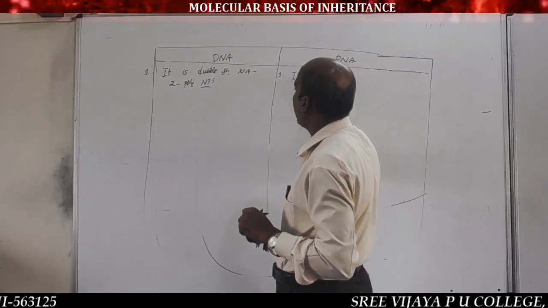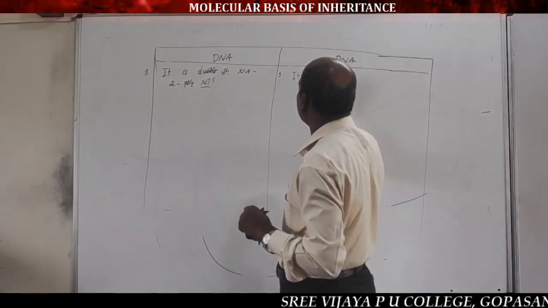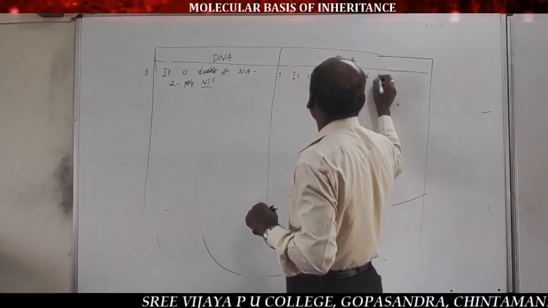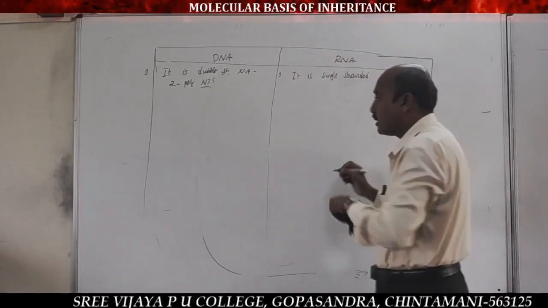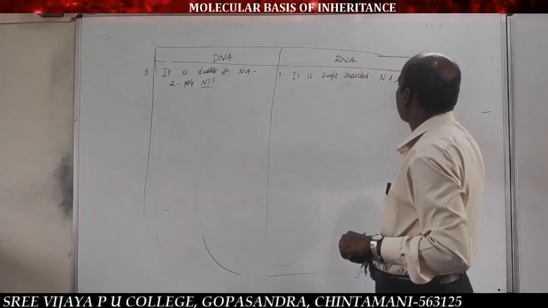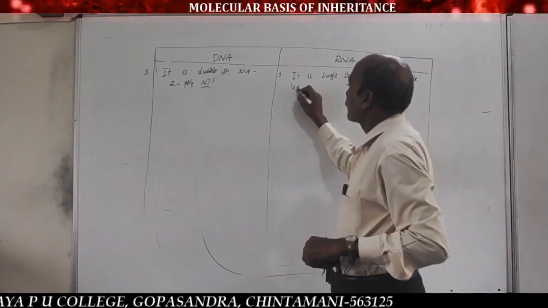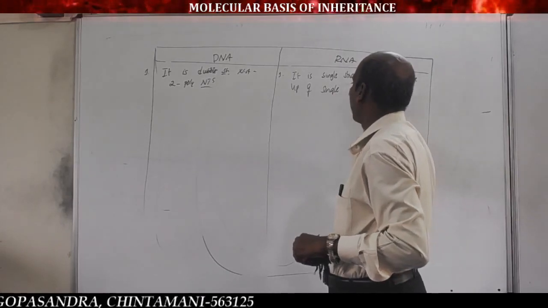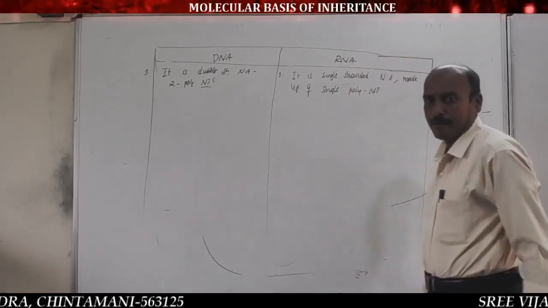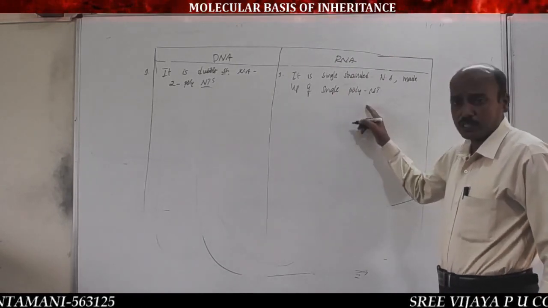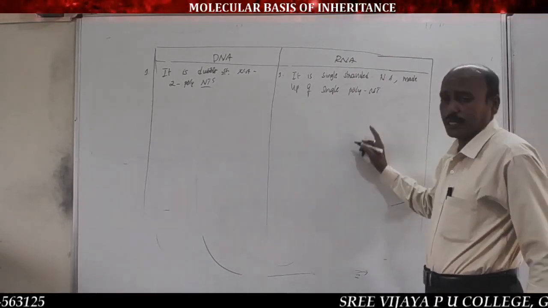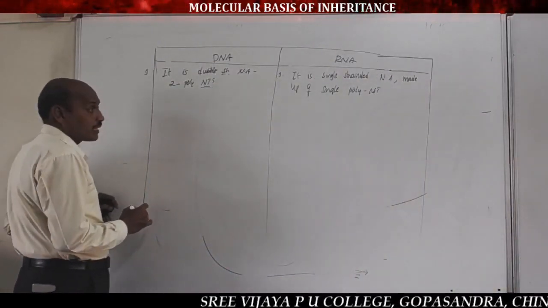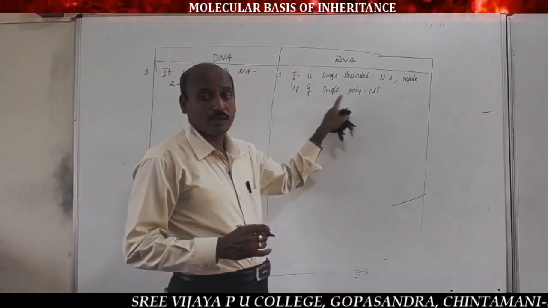RNA is a single-stranded nucleic acid made up of a single polynucleotide chain.